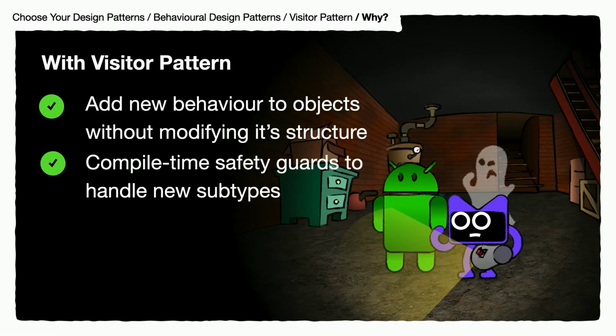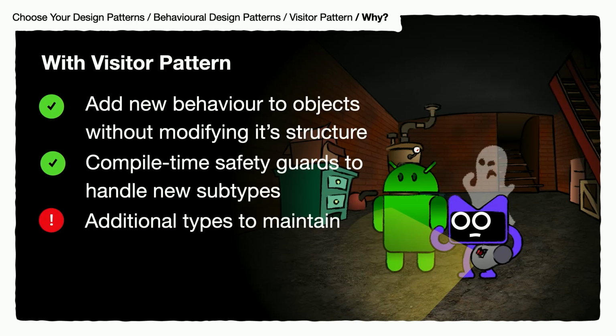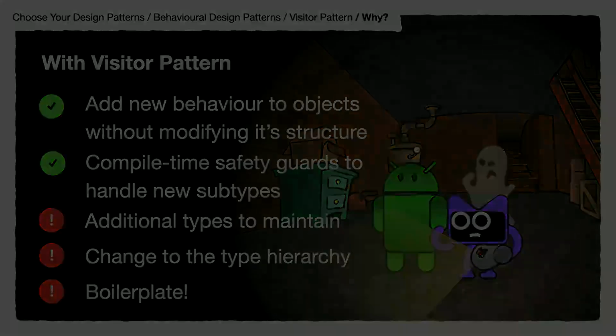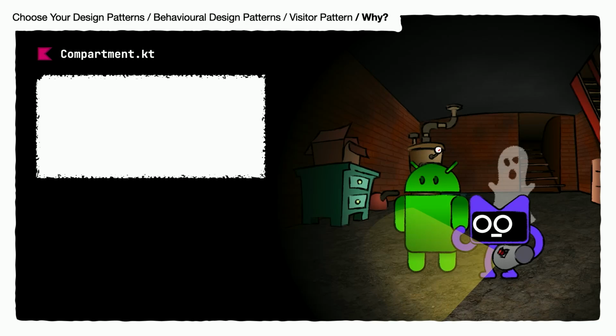So we wanted to solve this problem, but we ended up introducing more problems on our implementation side. Namely, we added a bunch of additional types, and we also changed the type hierarchy of our objects in the first place. And this is the worst crime of all time, a bunch of boilerplate that we have to maintain in the long run. So let's see how we can solve this with Kotlin.